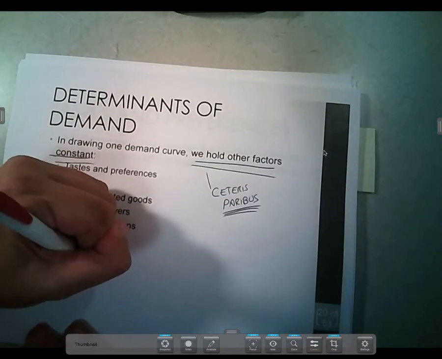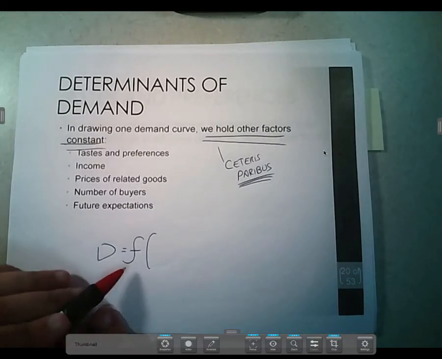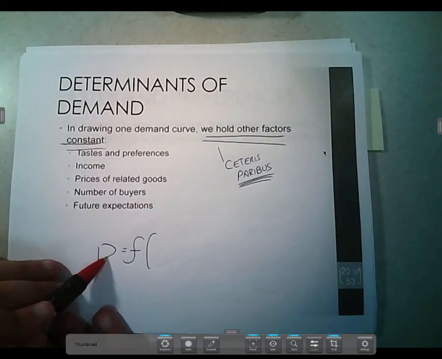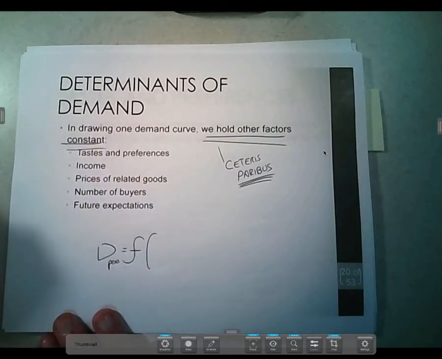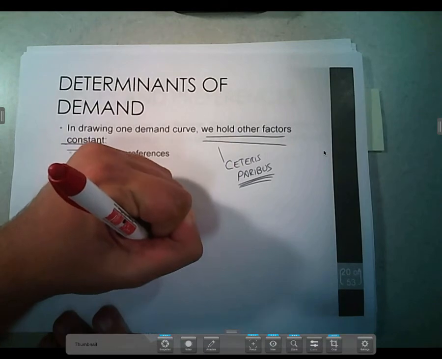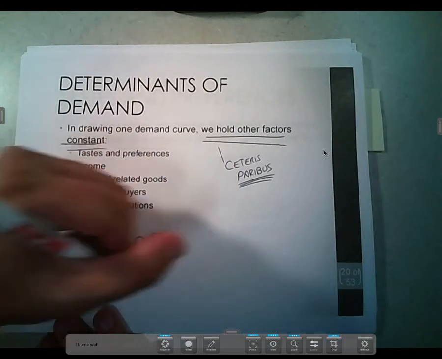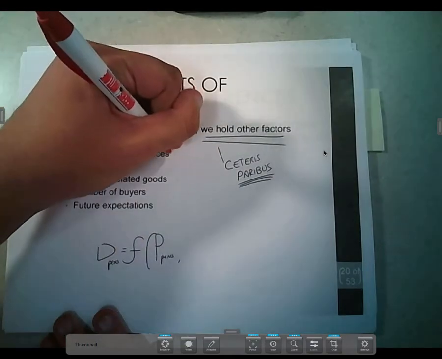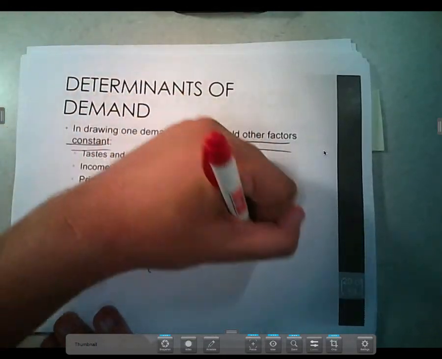That demand is a function of, that's all this fancy looking F is saying, is that demand for pens is a function of the price of pens, and then each of these things.